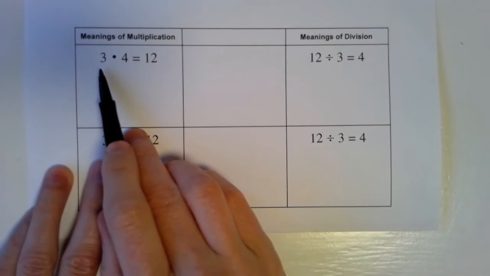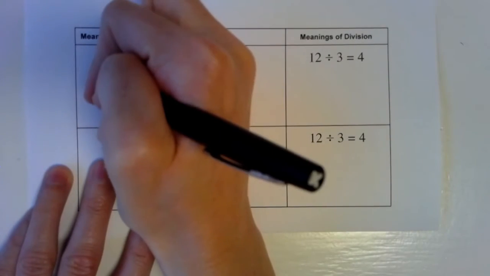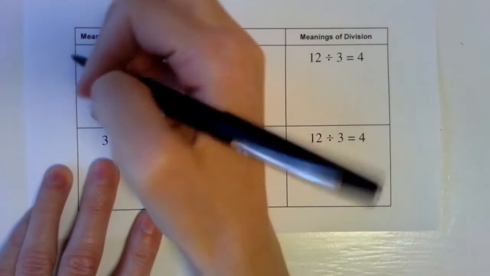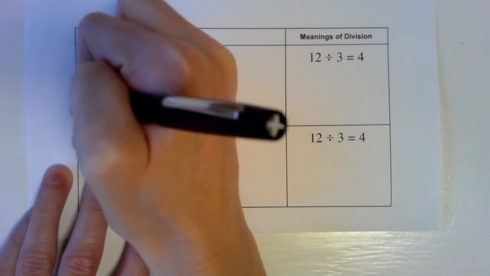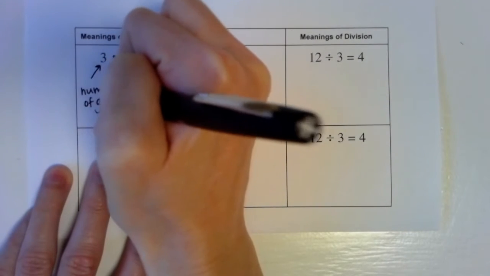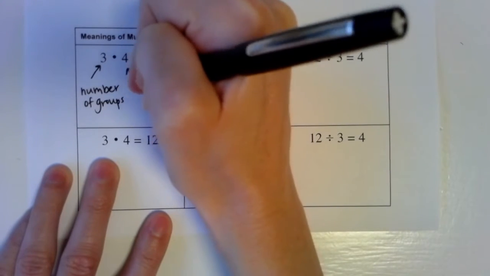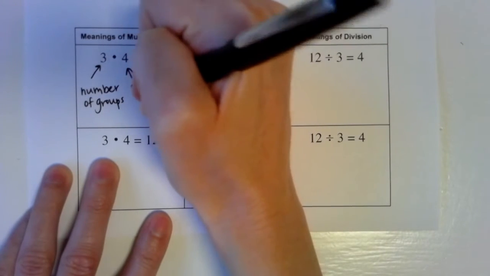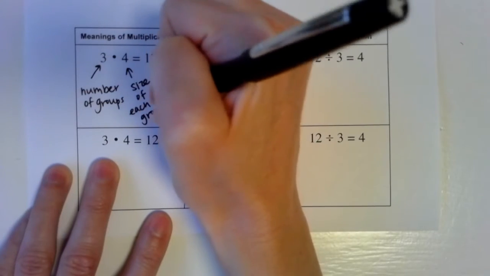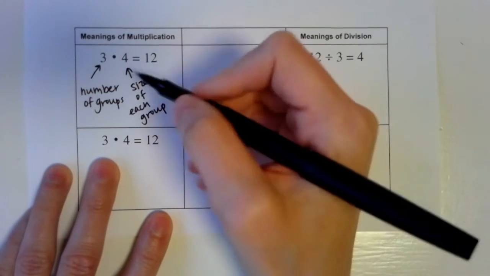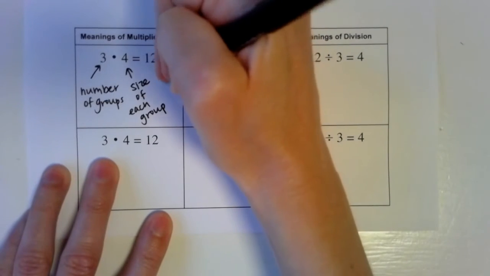If I want to show 3 times 4 equals 12, one way to think about this is to consider 3 as the number of groups and 4 as the size of each group, or how many in each group. 12 would be like our total amount.